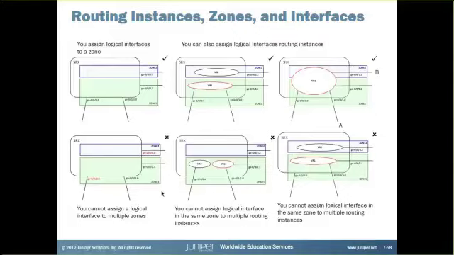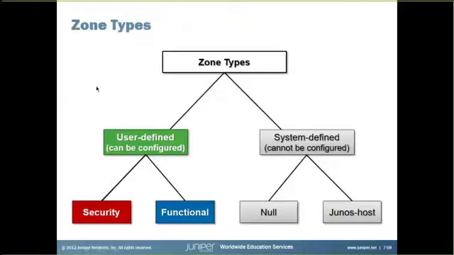Zones can be divided into two big groups: user-defined, which are configurable, and system-defined, which are not configurable. Within the user-defined, we have security zones and functional zones. Within the system-defined, we have the null zone, which doesn't allow any traffic, and that cannot be changed.